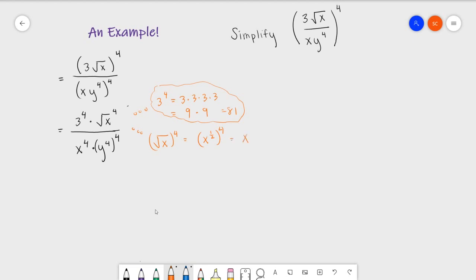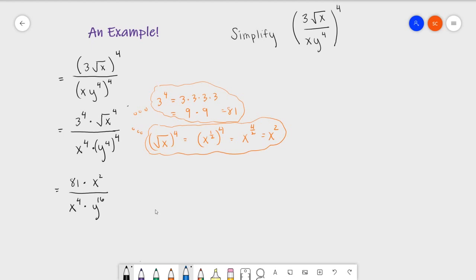So I have x to the 4/2, which hopefully you're seeing simplifies to x squared. So there's how I'm dealing with those two interesting pieces of the numerator. Let's rewrite. So 81 times x squared all over x to the 4th times y to the, let's go ahead and do that multiplication, 4 times 4, right, is 16.